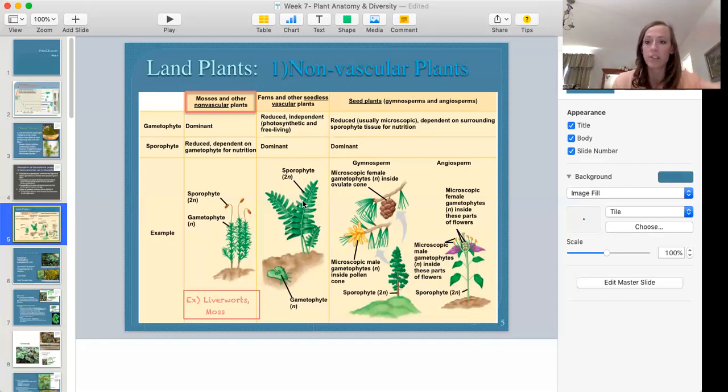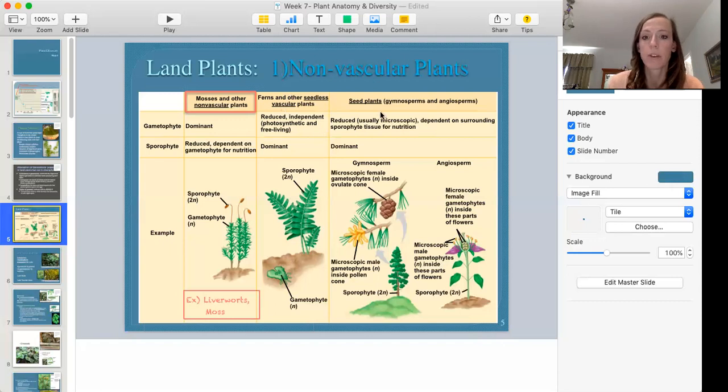That large leafy structure, that is the sporophyte generation. And now we're seeing a reduced, so a smaller, but still independent gametophyte generation, so it can still support itself. It is usually smaller, closer to the ground, but still can exist independent from the sporophyte. And that's typical of our seedless vascular plants.